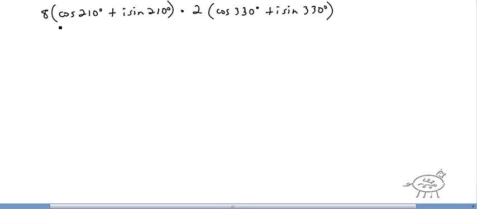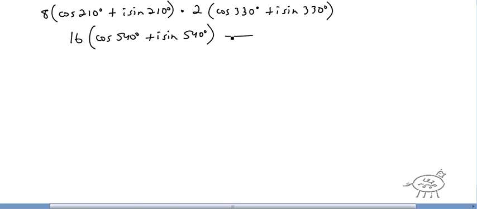No big deal. Again, it's multiplication, so 8 times 2 is 16, times cosine, and 210 plus 330 is 540, plus i sine of 540.